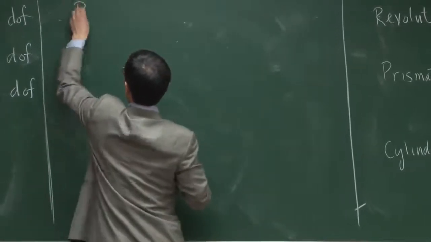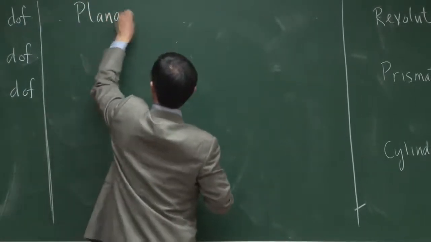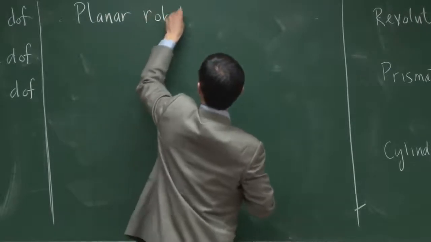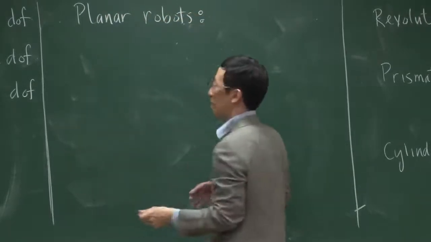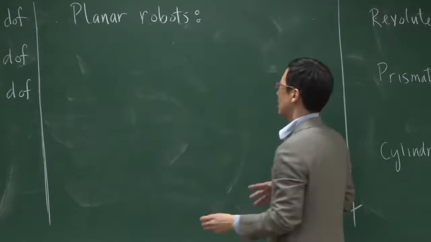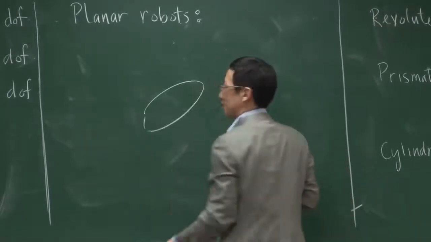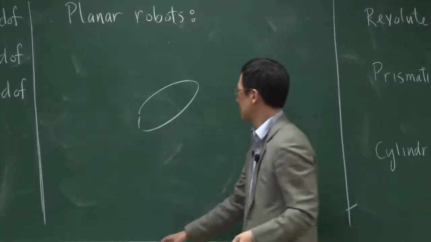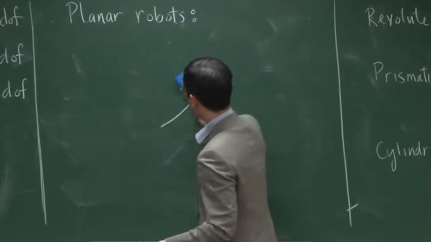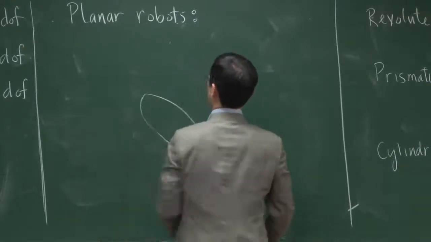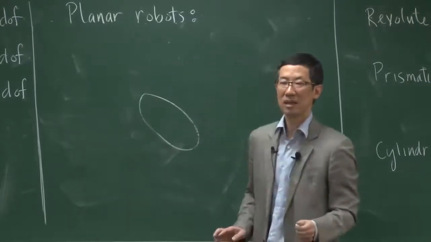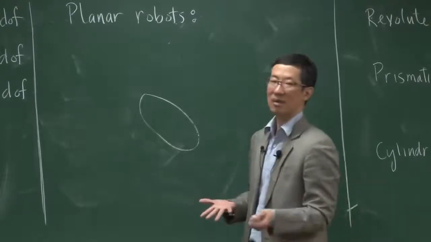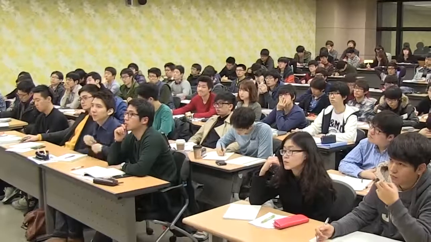So let's look at planar robots for now. Let me just draw a link, 1 link. How many degrees of freedom does it have? Well, obviously 3, right?